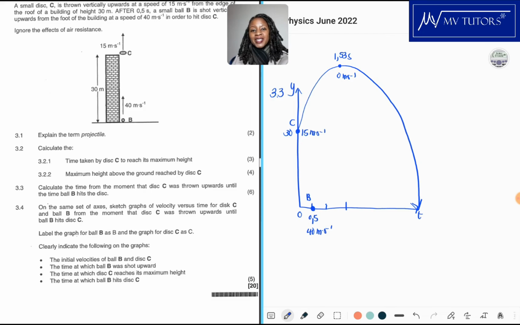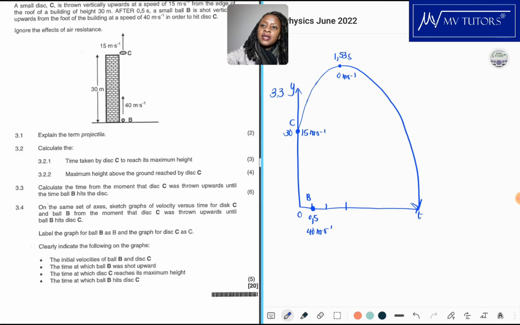And we're not sure exactly where on the projectile of disk C will ball B shoot it. Okay, so we can guess, for example, that it could have shot it at that point, but not really. I mean, it just left at 0.5 seconds. So I'm just going to assume here, and the calculations will prove if the assumption is correct.